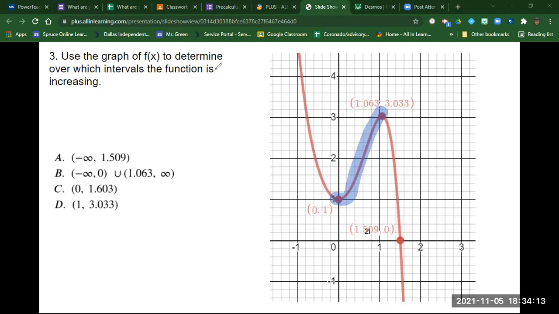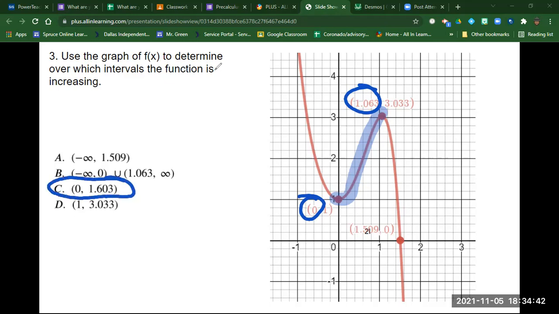So it starts going up when x is 0 and stops increasing when x is 1.063. That's the only place where this graph is increasing. Everywhere else is decreasing. So which one is that? It is C.